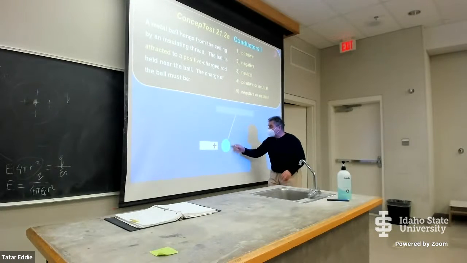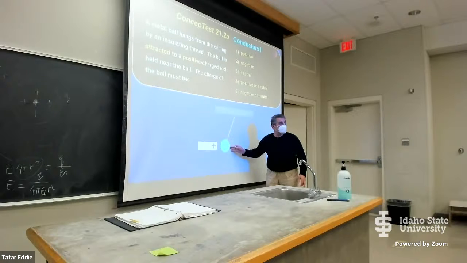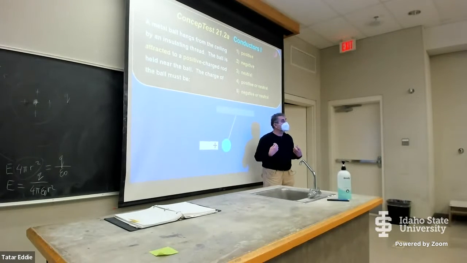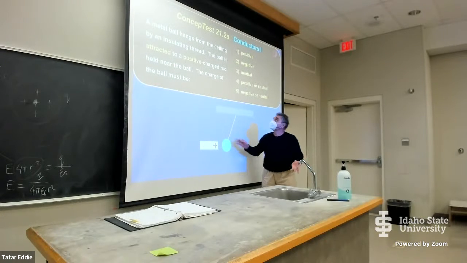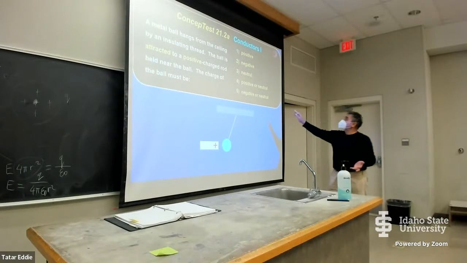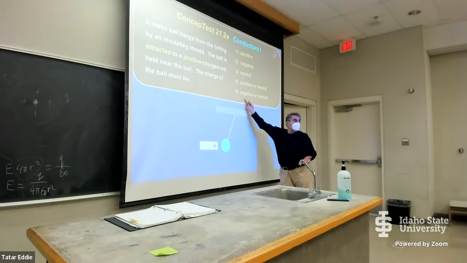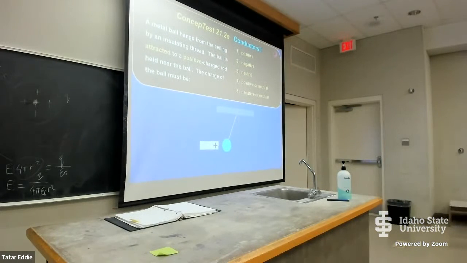Positive and positive are going to repel, but those positives are farther away, so the repulsive force is going to be smaller. The result will be a net attractive force. In other words, a better answer would be answer 5.